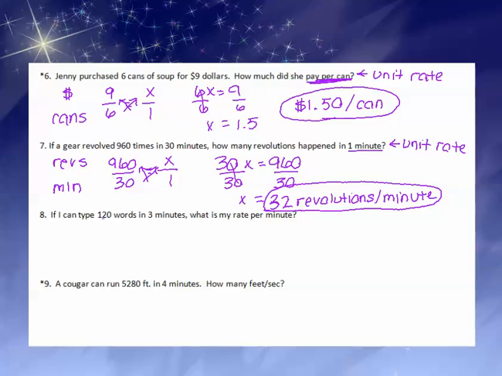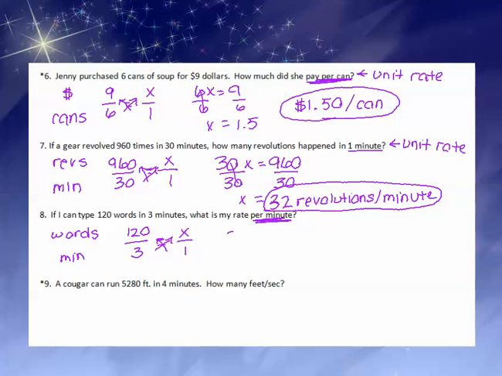Number 8, if you can type 120 words in 3 minutes, what is my rate per minute? Right there, that's telling you unit rate. So I have words and minutes. I have 120 words in 3 minutes, and it wants to know the per, that unit rate. So x words in 1 minute.